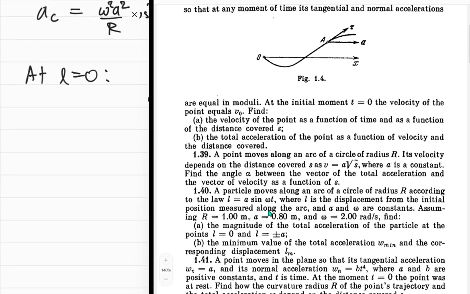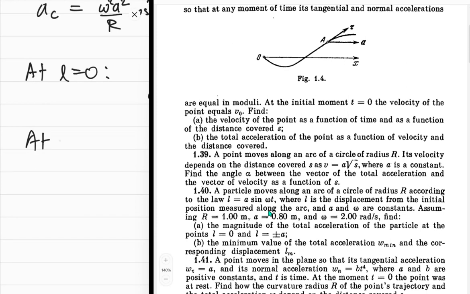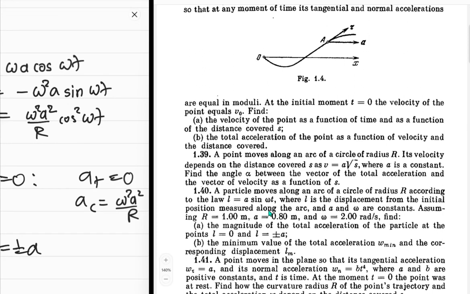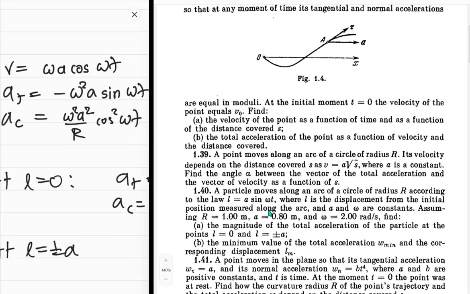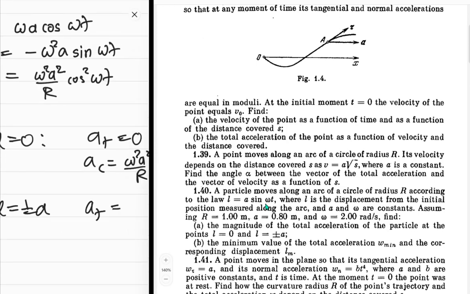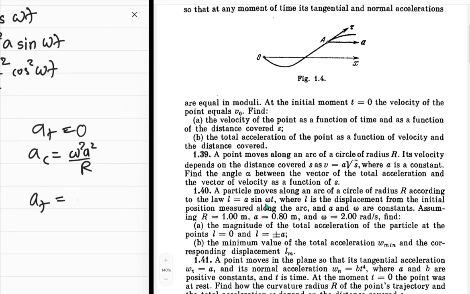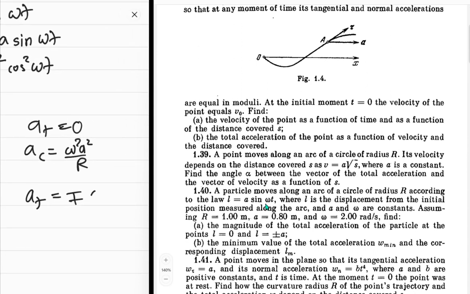And at L equal to plus minus A, what will that do? At that point sine omega t will be plus minus 1. Then the tangential acceleration is equal to minus plus omega squared A, and the centripetal acceleration will be 0.